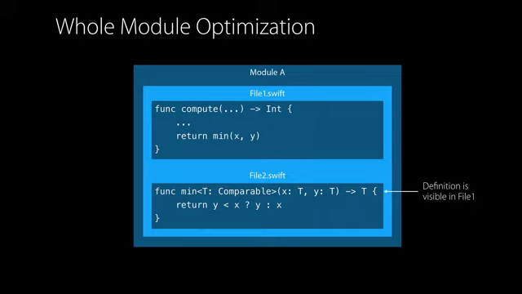Thus, we're able to specialize the generic min_t function into min_int and replace the call to min_t with min_int. This is but one case where the power of whole module optimization is apparent. The only reason that the compiler can perform generic specialization in this case is because of the extra information provided to it by having whole module optimization enabled.